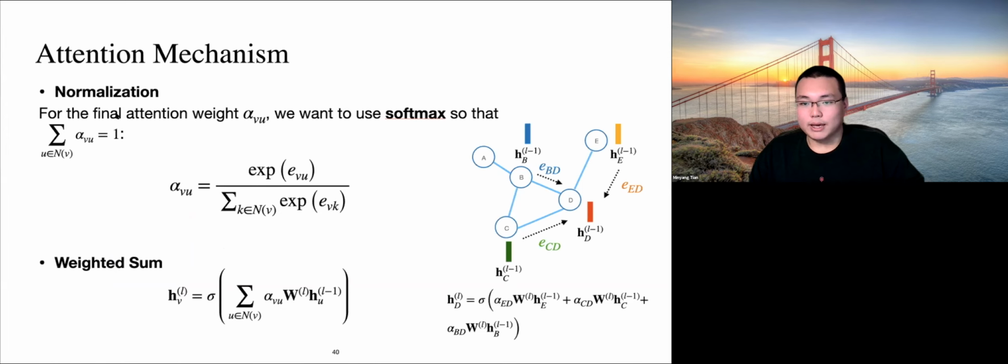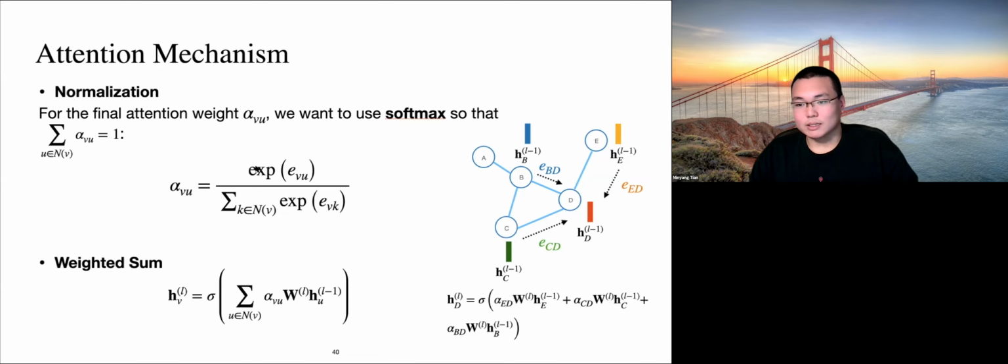Then we need a normalization. For the final attention weights alpha_vu, we want to use softmax so that when we sum them together, the total sum is 1.